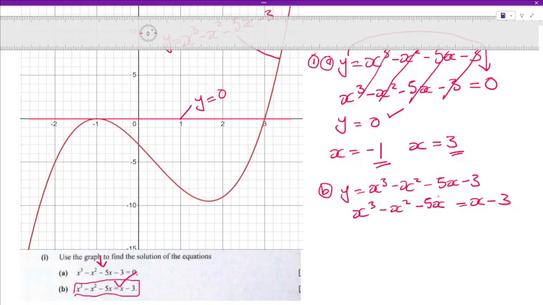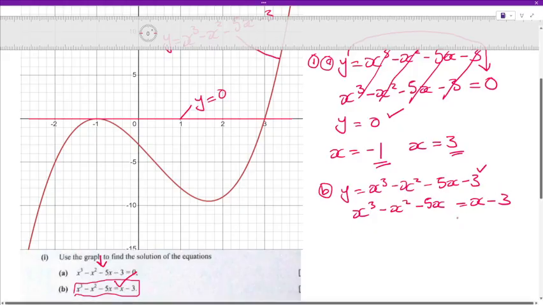Now you notice the 3 is missing on the left side here, but it's on this side, so we need to move it to the left side of the equal sign, which is now going to be x cubed minus x squared minus 5x. When this 3, which is negative, crosses, it becomes positive here.